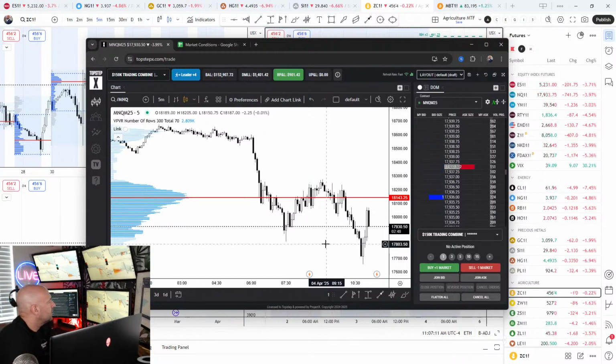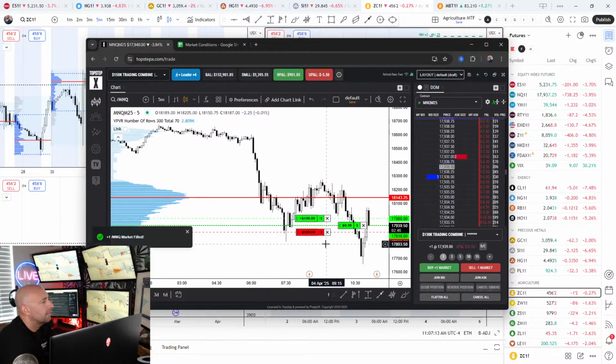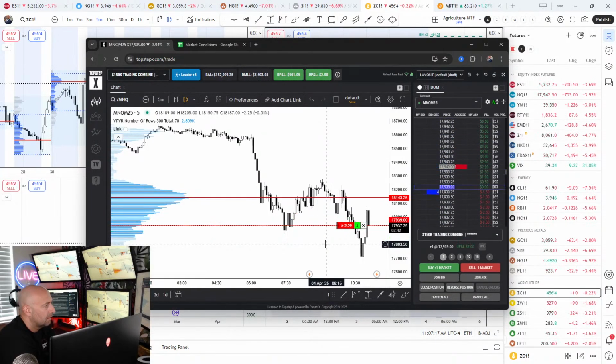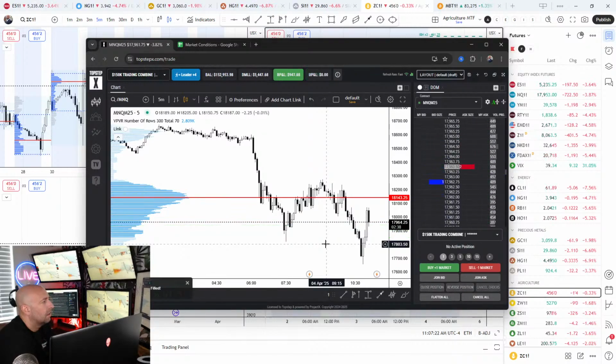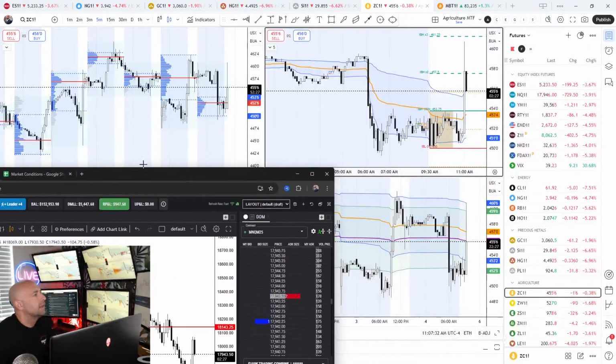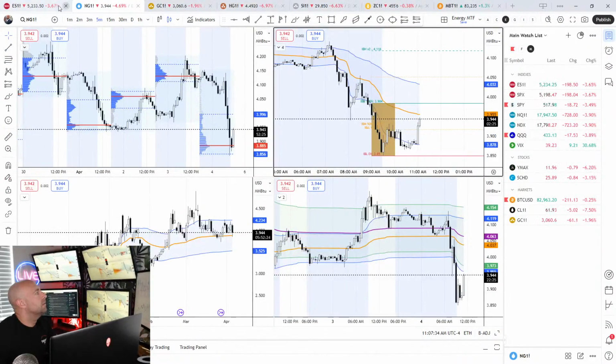All right, well, lots of sellers here. Take a little bit of a bounce. All right, so I know you can't see, this is a naked chart. You guys can't see what I'm seeing here.